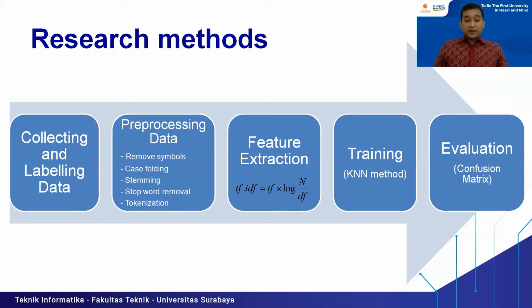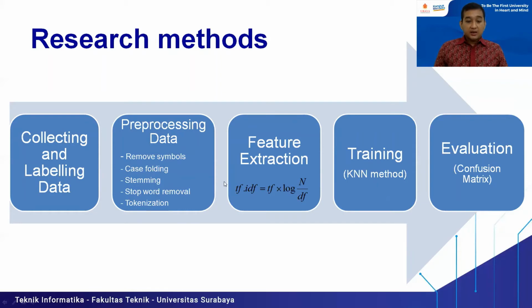Each tweet collected will be labeled pasal 156 KUHP or pasal 156A KUHP or pasal 45A ayat 2 junto pasal 28 ayat 2 UU ITE, which indicates the tweet violates certain article, or tidak melanggar.